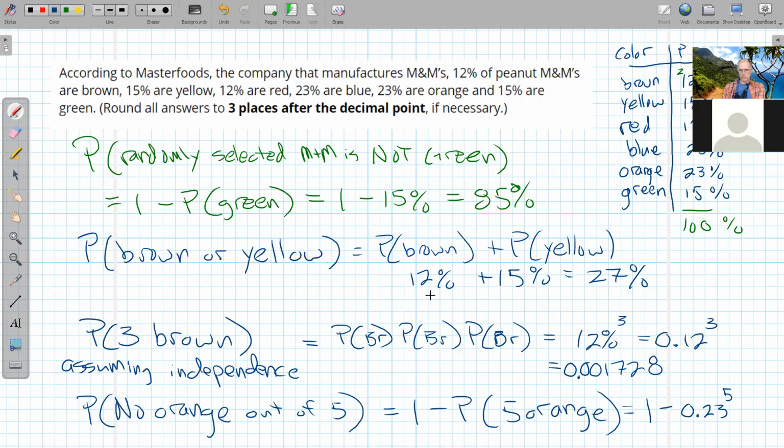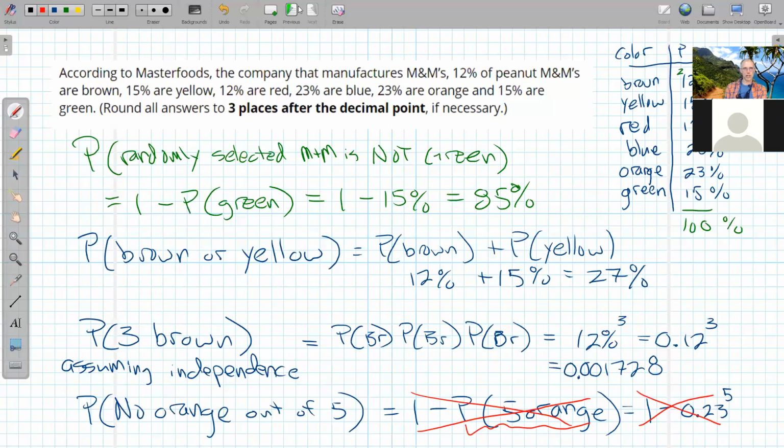So the flaw I see in this right here is I'm only counting exactly 5 oranges. But that doesn't count, say, getting 1 orange and 4 of something else. But this says no orange out of 5. So it turns out my first thought on a shortcut on this is incorrect.